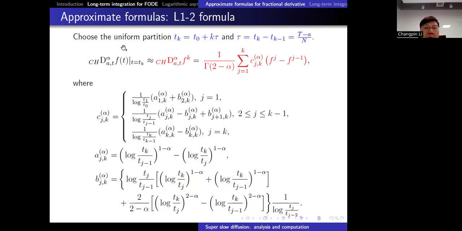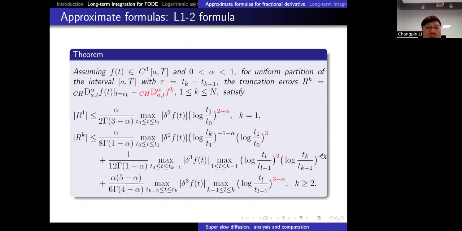We will introduce various kinds of approximation formula for the Caputo-Hadamard derivative. Now we introduce the theorem. If f(t) is in this space, this is the time fractional derivative of order alpha and uniform partition over the interval from a to capital T with the step size.